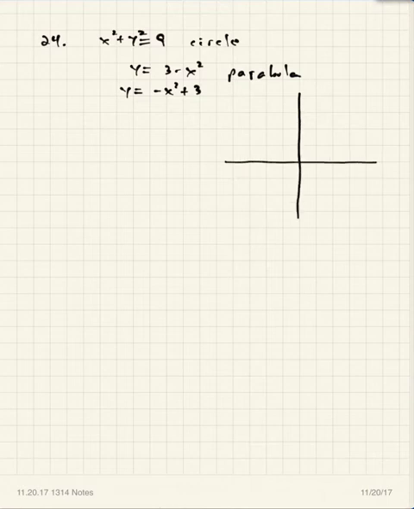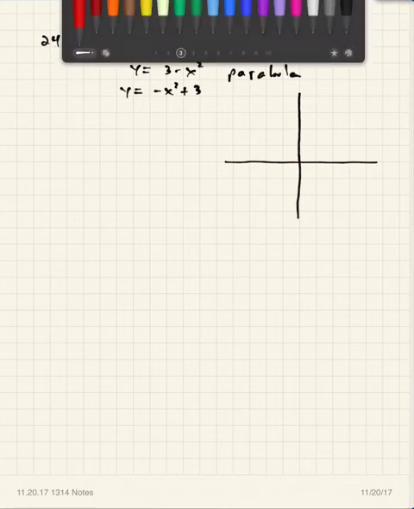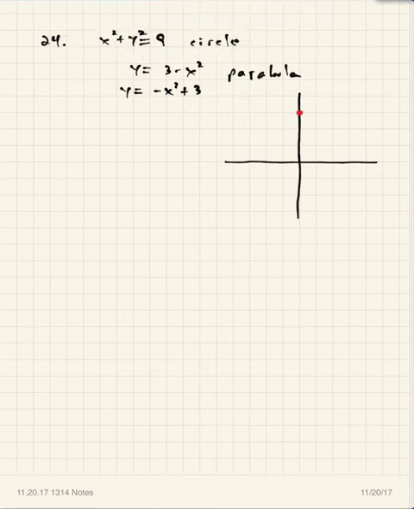Now that we've done a little bit with circles, we know that that circle has a radius of 3. So here's my circle of radius 3, like that. And then the parabola is opening down, it's been reflected, and it's been shifted up 3 units.